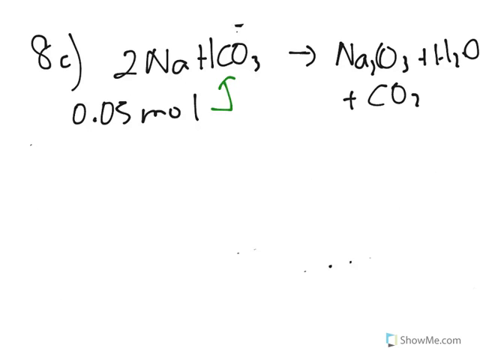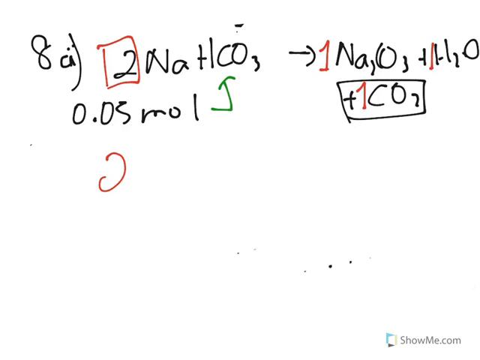Question 8c2 is asking you to calculate the amount of moles of carbon dioxide formed. Again, this is similar to the previous question. All reactions happen in certain mole ratios. In this case, 2 moles of sodium hydrogen carbonate decompose to give you 1 mole of sodium carbonate, 1 mole of water and 1 mole of carbon dioxide.